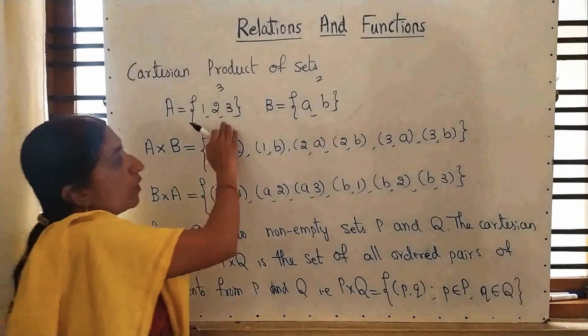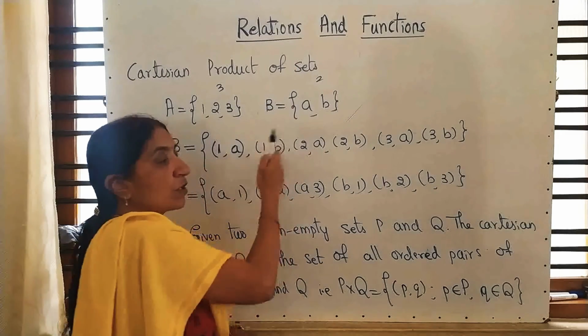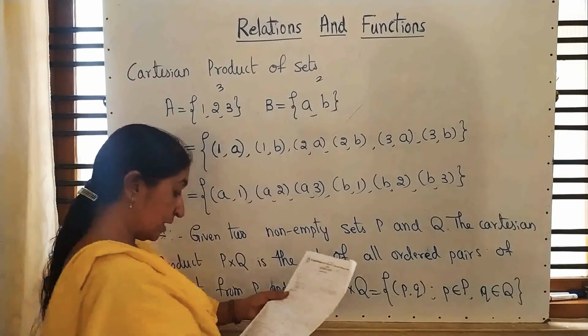Here, if any one set is a null set, then what is the answer? The Cartesian product is also a null set.